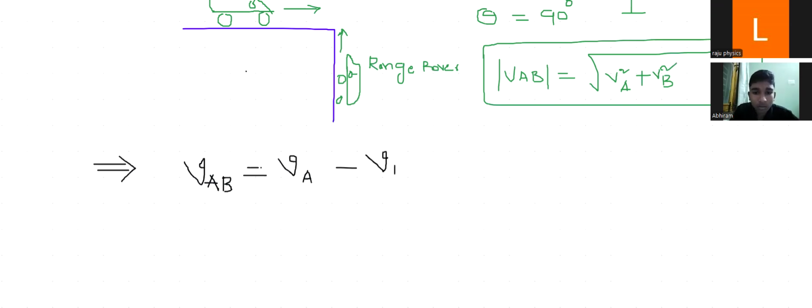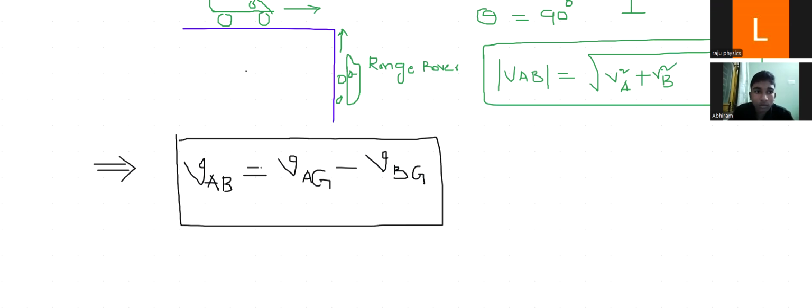Whenever you take it like this, you take the ground as the reference for the individual bodies. Clear? So always take VA with respect to the ground and VB with respect to the ground. Generally you use this formula way. All the relative velocities you take with respect to the ground only, not individually. Clear?